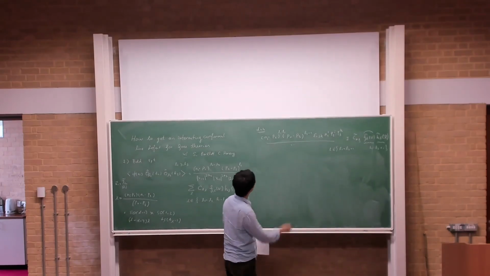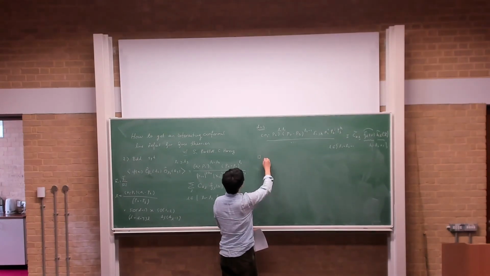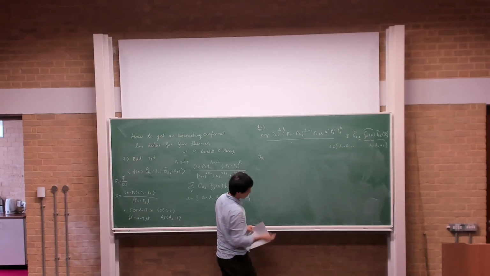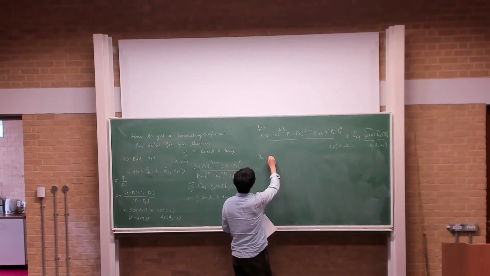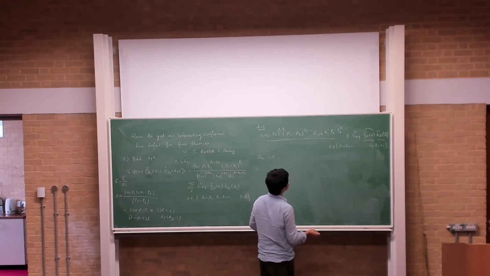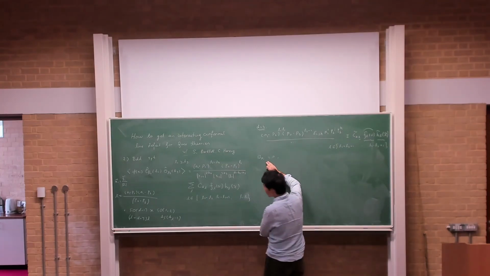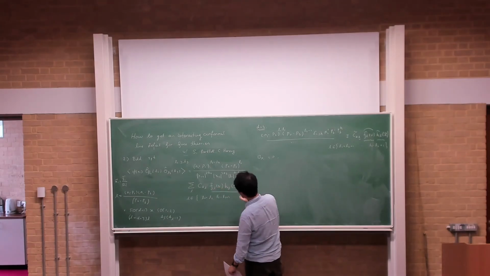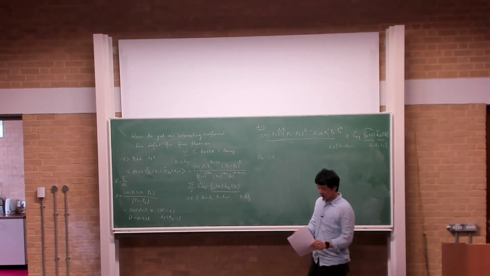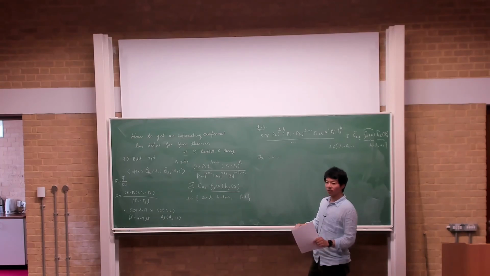And to put a constraint, we acted the Laplacian on the bulk defect 3-point function. And this is only one equation, but actually from this expression, it can be separated into two equations, and each part satisfies an equation separately.